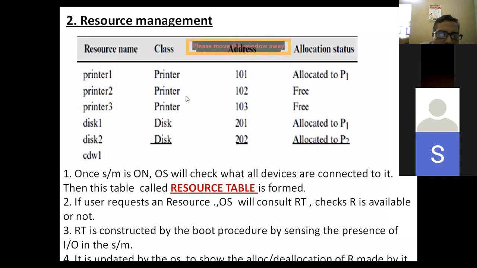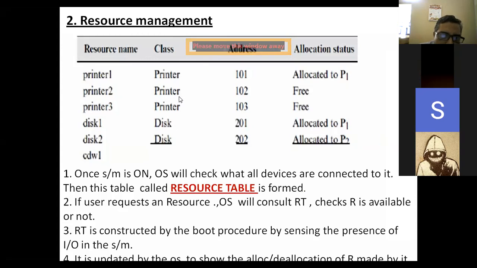This resource table will be updated by the OS to show the allocation and deallocation of resources made by it. So once we have the allocation of resources to any process, the status of the resource will be updated in the resource table, so as to educate the operating system.